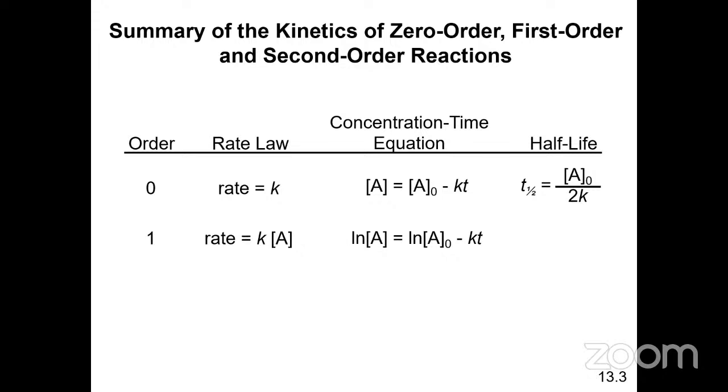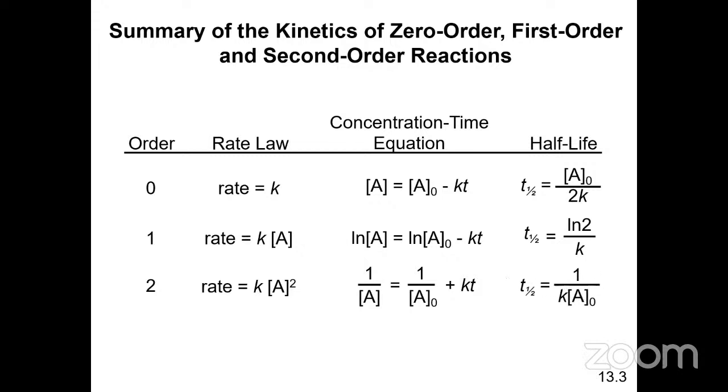And the half-life equation, as you recall, is ln2 over K. And then finally, in the case of the second order reaction, the rate is equal to K times concentration of A squared. The equation relating concentration to time is what we just derived here. And the half-life equation is 1 over K times the initial concentration of A. So that's a summary of all those equations applicable to zero, first, and second order reactions.